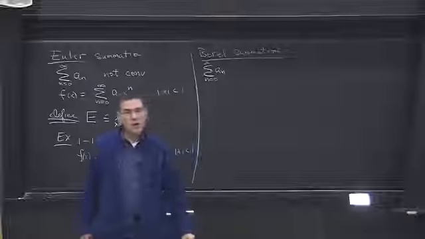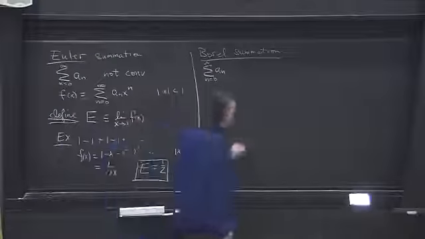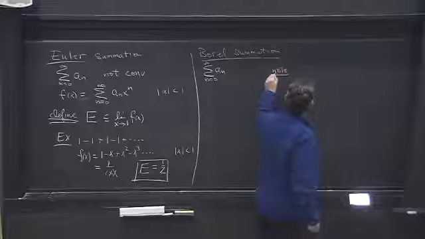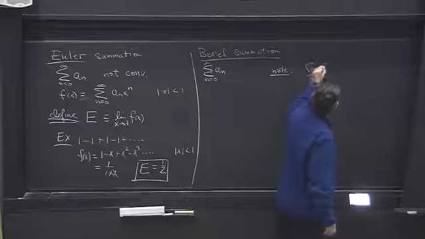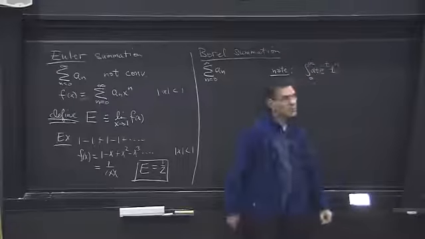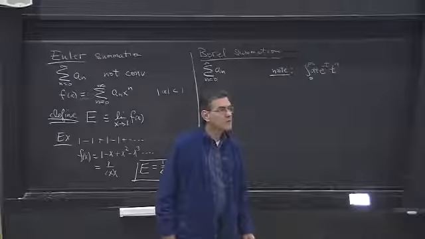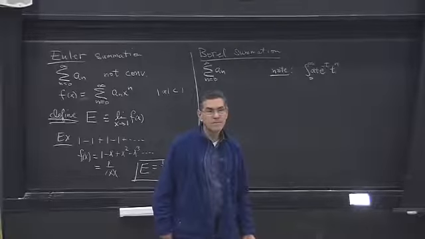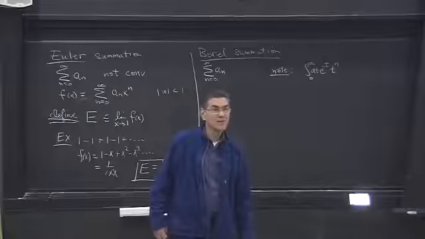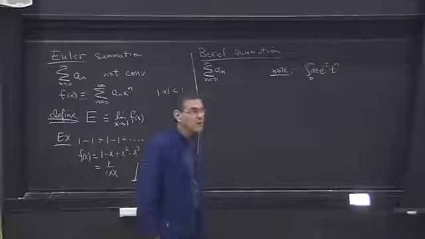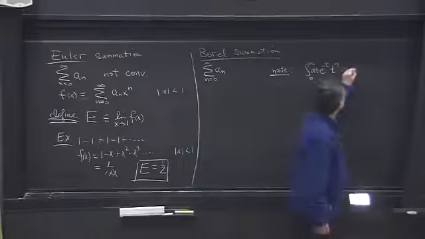And Mr. Borel says, note, what do you get if you integrate from 0 to infinity dt e to the minus t, t to the n? Do you know what you get? How do you do that integral? Or a simpler way to say it is n factorial. We just integrate by parts n times, and you get n factorial.